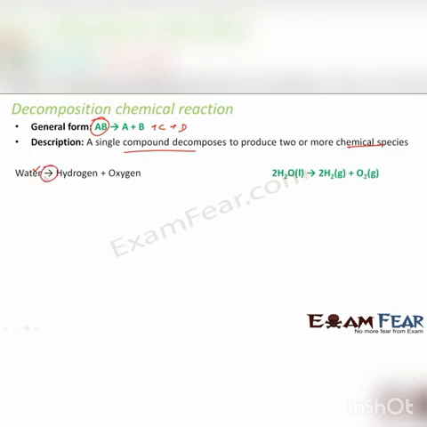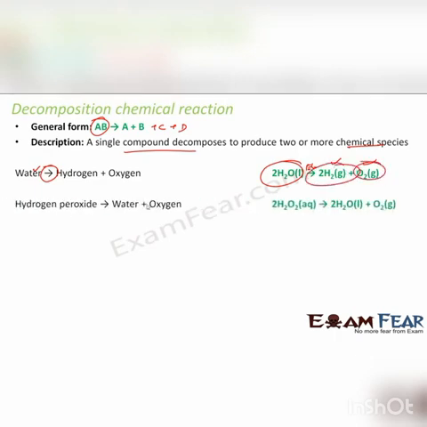For example, you have water, you pass some electricity through that, and that becomes hydrogen and oxygen. On electrolysis, this water as one compound breaks into two smaller compounds. Hydrogen peroxide is converted to water and oxygen.